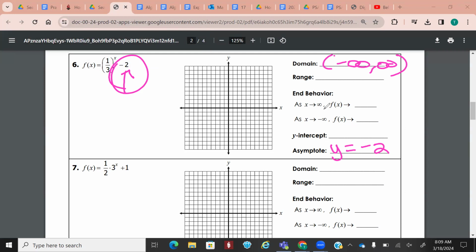All right. So our range is going to be from -2 to positive infinity, right? And again, if you graph it, then you can see that.